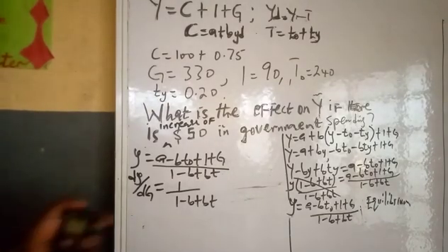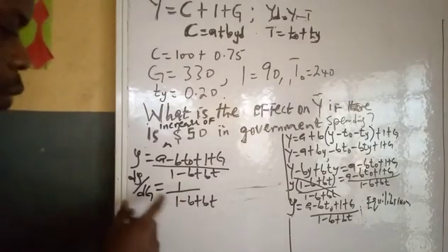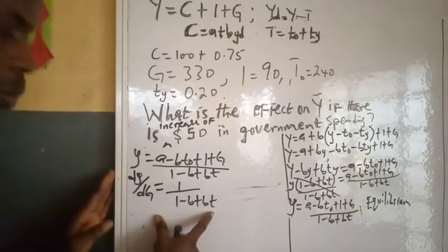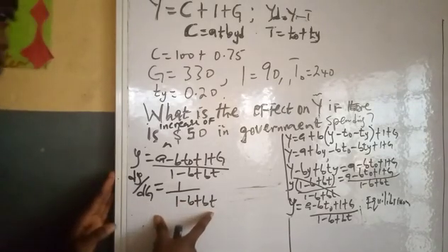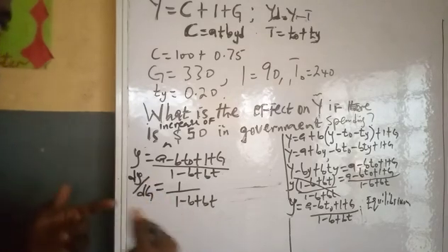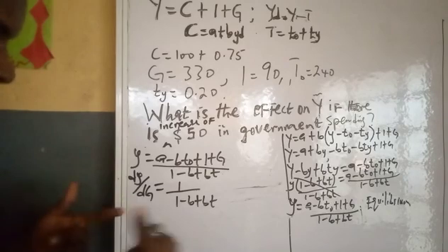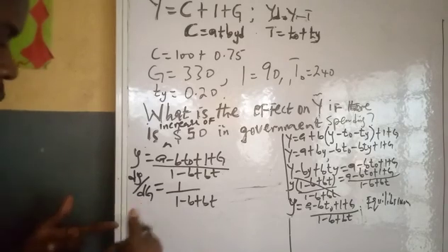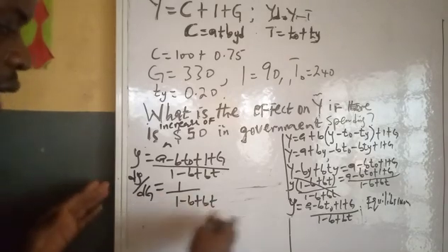Okay, so at this point, after we've gotten our derivative, that is the government multiplier, that is how government spending can affect national income. So we are not going to input the values one after the other.